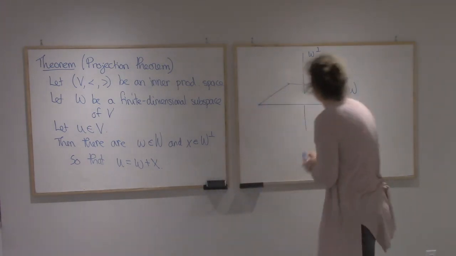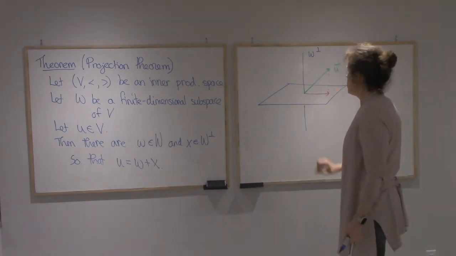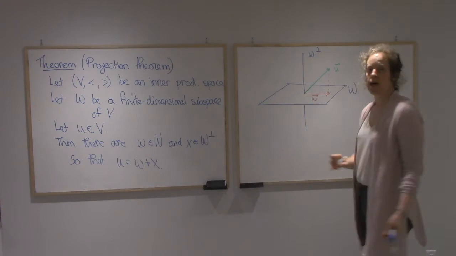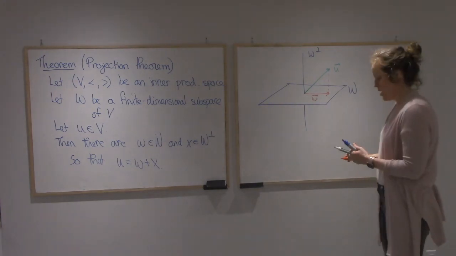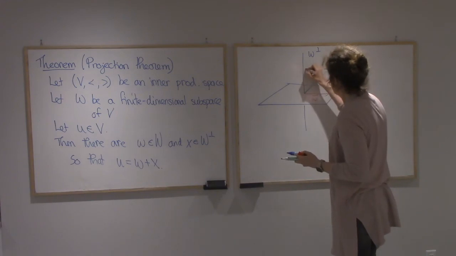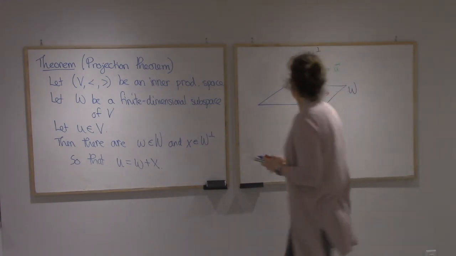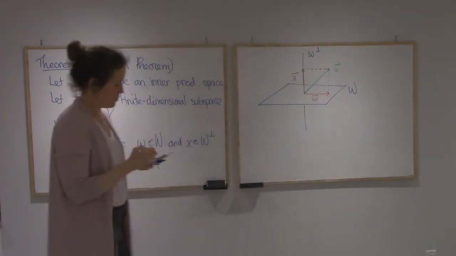Then we're dividing it into two parts: one part that's in W and one part that's in W perp.